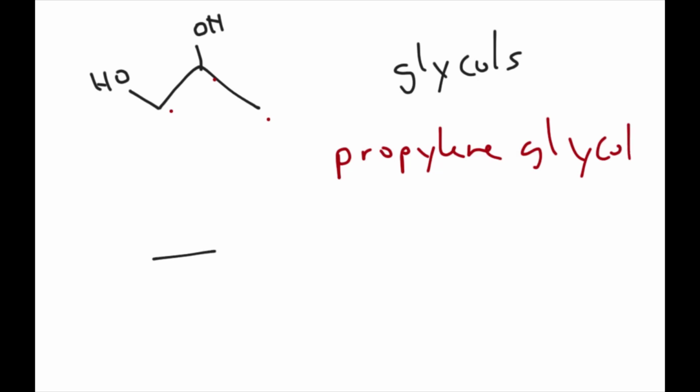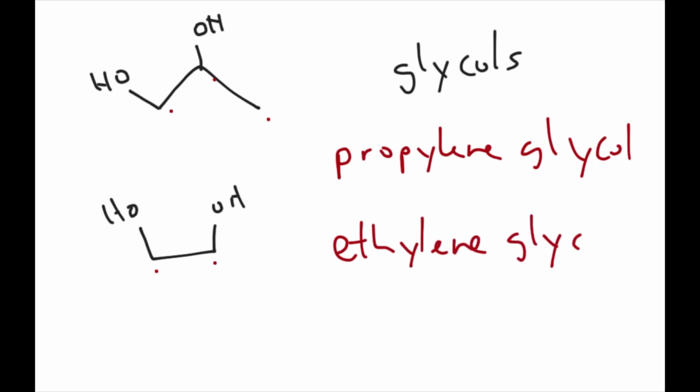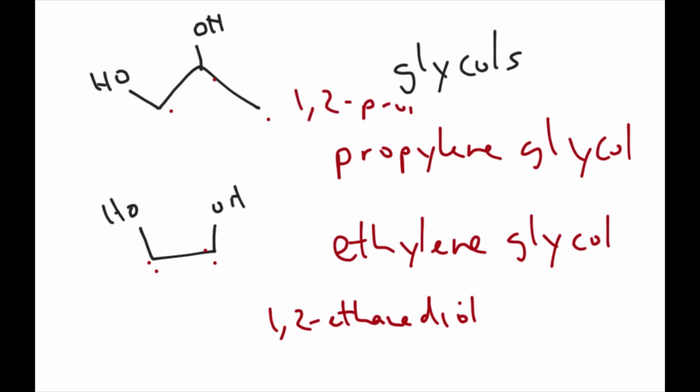Similarly, if I had just a 2 carbon chain and the OH is on this, this is ethane, so I'm just going to call this ethylene glycol. The IUPAC names for this, this would be a 1, 2 ethane diol, and this would be a 1, 2 propane diol.